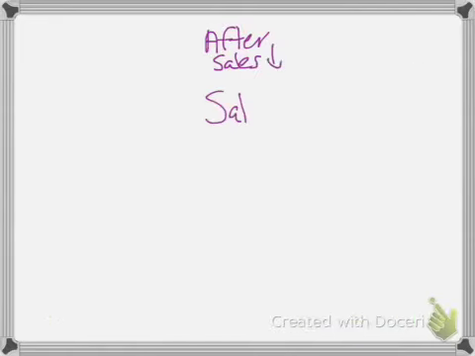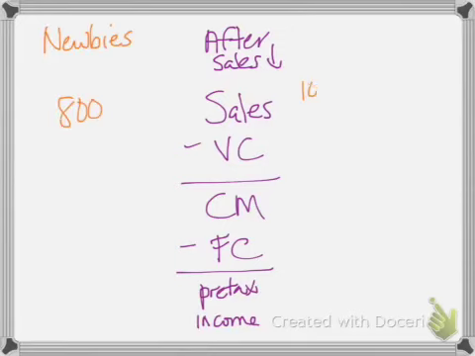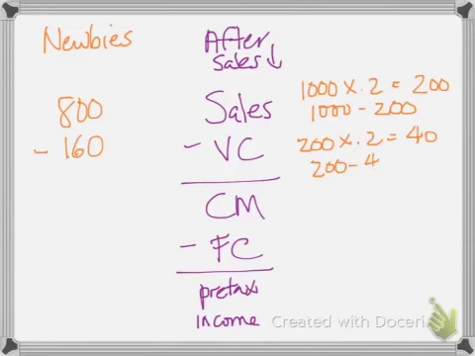Let's look at Newbies' situation. Same format of the income statement, and Newbies also sells 20% less, so their sales are $800. Their variable costs were only $200 to start with, so they drop by 20%, or $40, so their new variable cost is $160, and their contribution margin now is $640.